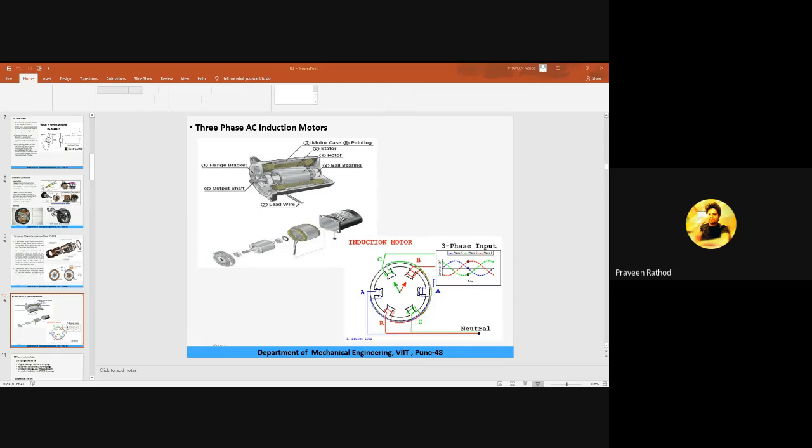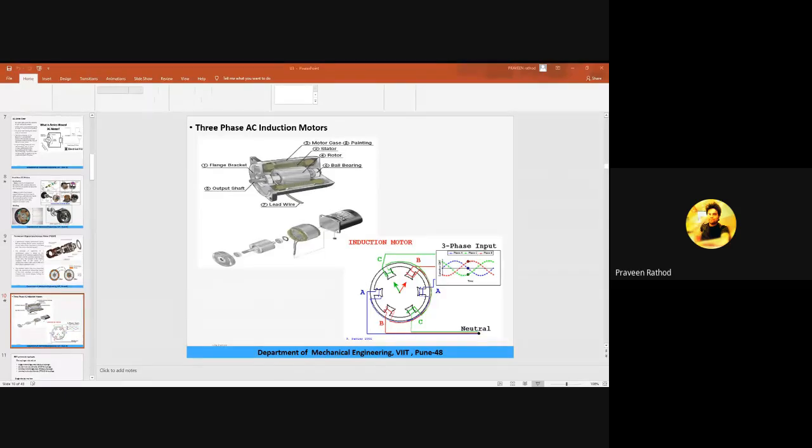Many possible electric vehicle topologies are there, depending on the application and the power requirement, and more analysis is done on the powertrain topologies. Different types are there, and I have listed them here.